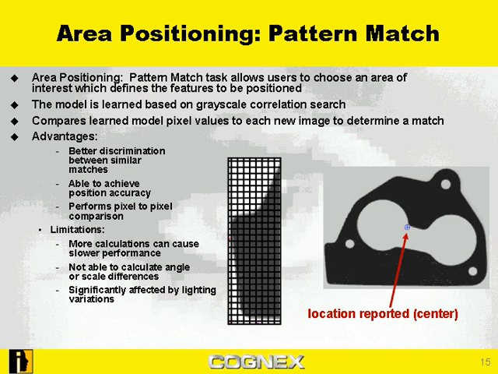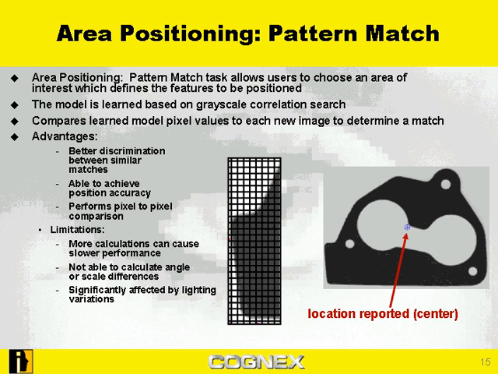Disadvantages obviously are that it takes more time to calculate all that. And this one does not calculate angle or scale differences. As I mentioned earlier, sometimes that's what you need out of your positioning tool, the angle and or the scale. You don't get that from the pattern match tool where you would from the object locate. And this one also is thrown off greatly by light changes.